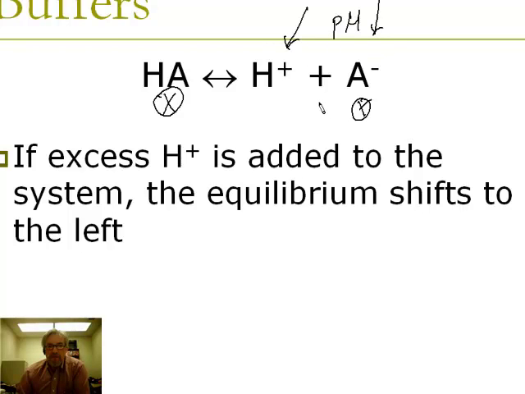But with this buffer system in place, this H+ just causes a reaction shift to the left. So it uses up the H+ that you've added. It makes a bunch more HA and uses up some A-. So the ratio of HA to A- changes, but the amount of H+ that's present in the solution isn't nearly as much as it would be if you just dumped H+ into water. So it buffers the effect. The reaction shifts to the left, minimizing how much the pH gets lowered.